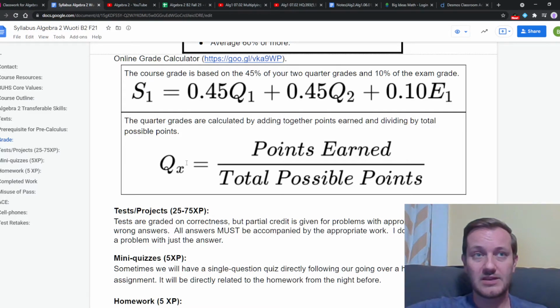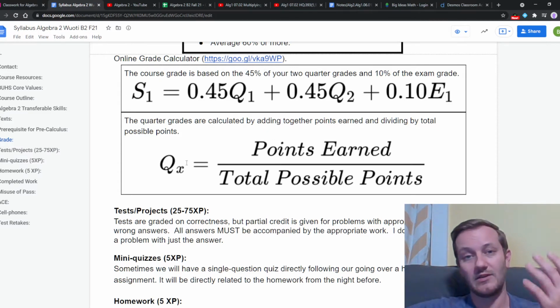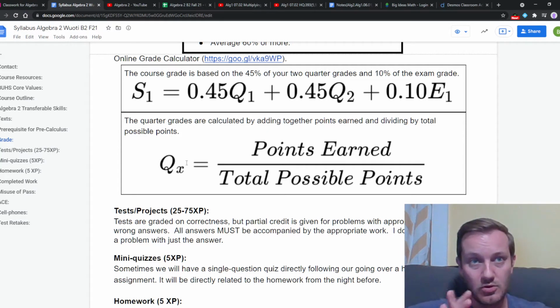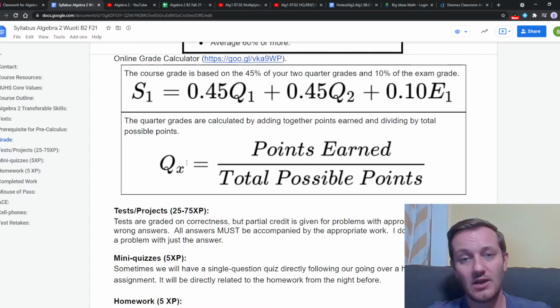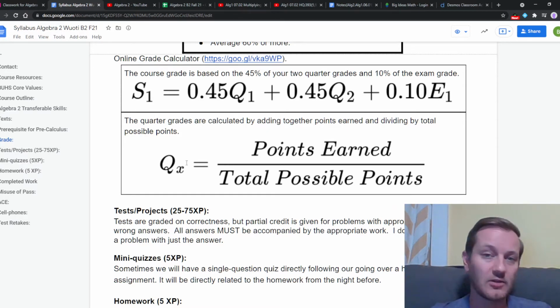You take the points you earned and divide by the total possible points, and that will be your grade. No matter what category it's in, a point is a point is a point. So getting 5 points on a homework question versus 5 points on a test question, maybe a larger question on a test, 5 points is 5 points wherever you find it.